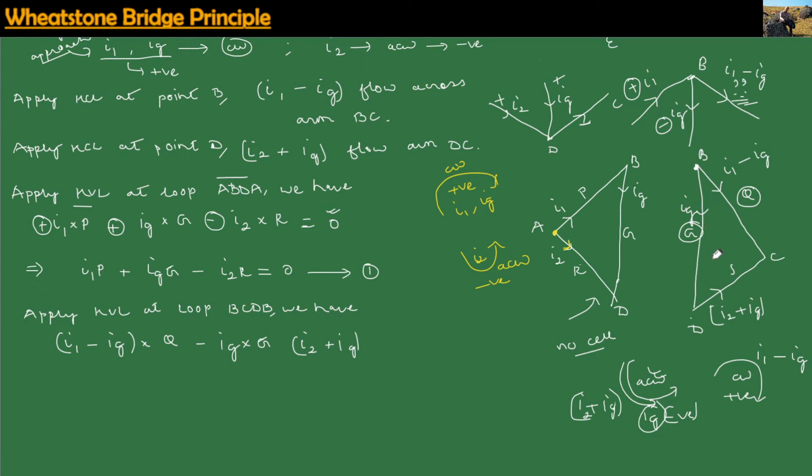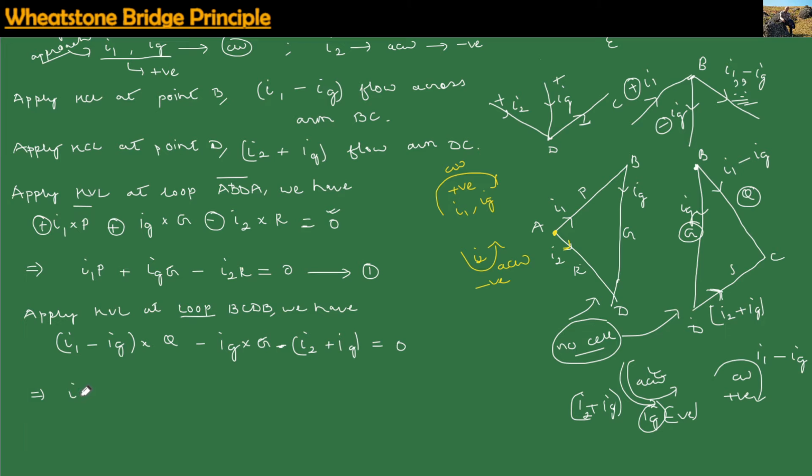Using sign convention, the sign of this current will be negative, because this current is moving in the anti-clockwise direction with respect to point B. So I will write a negative sign here. When you look at this loop BCDB, there is no cell, so the EMF of such a loop will be equal to 0.